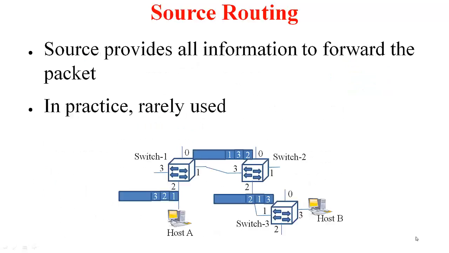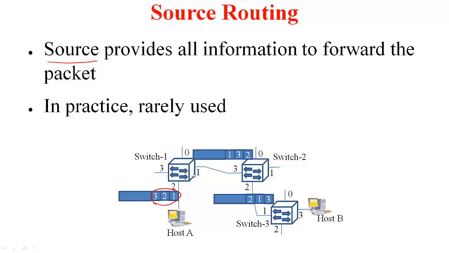In source routing, all the information that you need to route the packet is provided as part of the packet itself. So this is rarely used in practice because this places a lot of responsibility on the source, because the source now has to figure out the entire path. So this is illustrated in this figure. Host A, if it wants to send a packet to host B, will specify what all ports this packet has to go through.